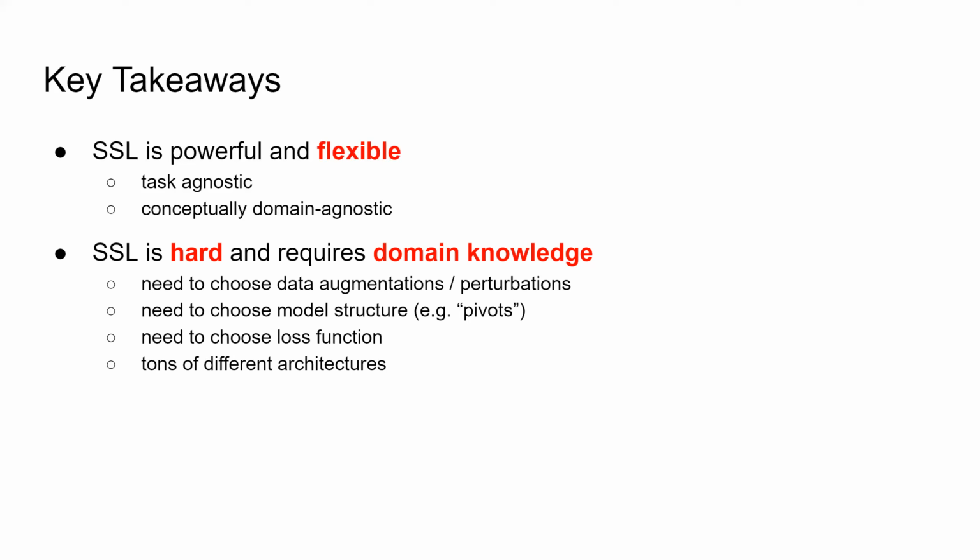Overall, there are tons of different architectures out there. A lot of things have been tried. They work in some cases and they don't work in other cases. So it's not simple to actually achieve good results.